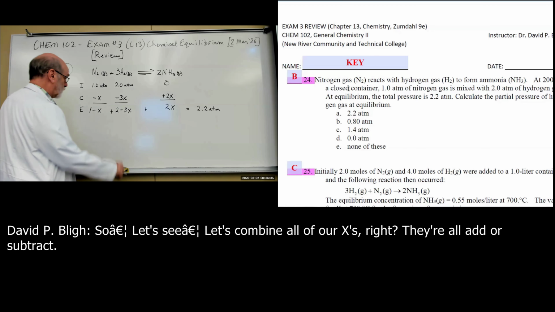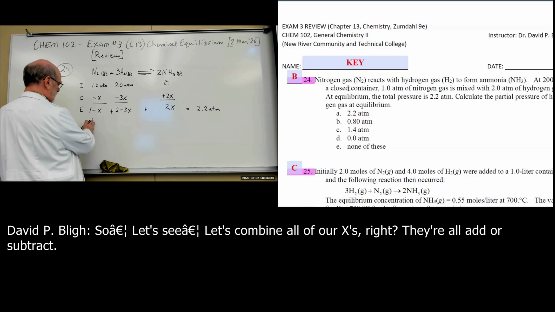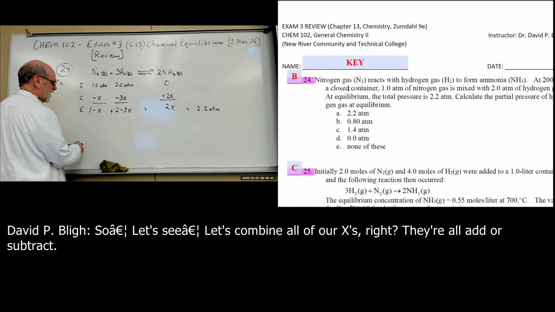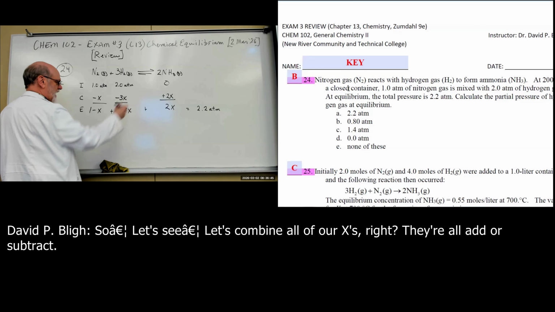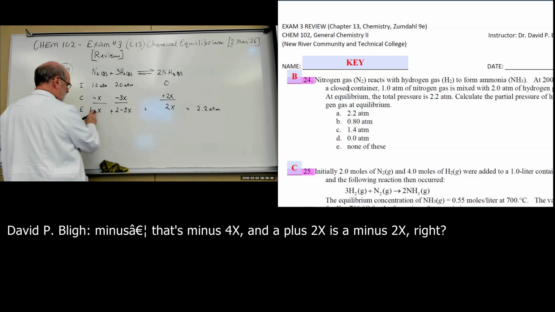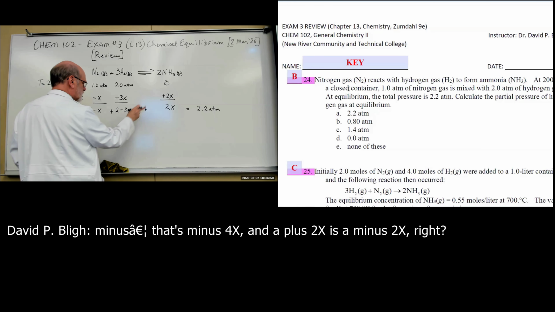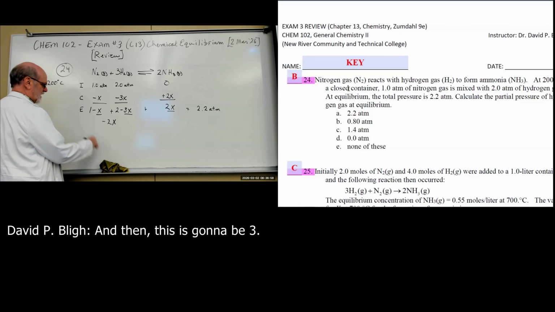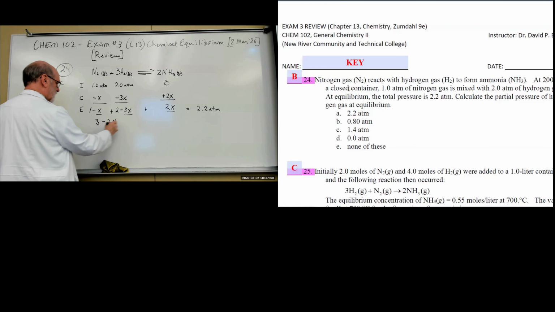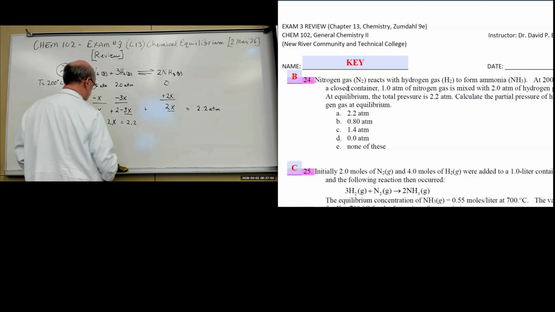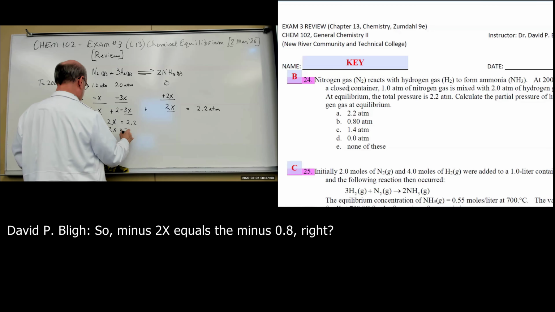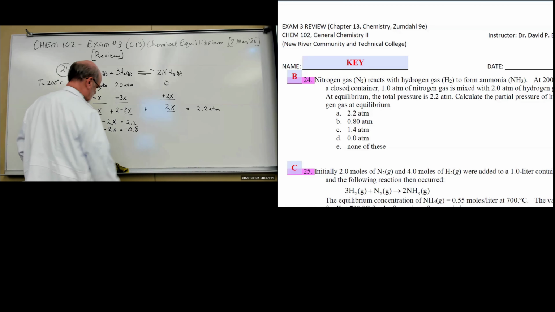Right? So let's combine all of our X's, right? They're all add or subtract. So 2X minus, that's minus 4X, and a plus 2X is a minus 2X, right? That takes care of that one, and that one. And then this is going to be 3. That's equal to 2.2. So minus 2X equals a minus 0.8, right?